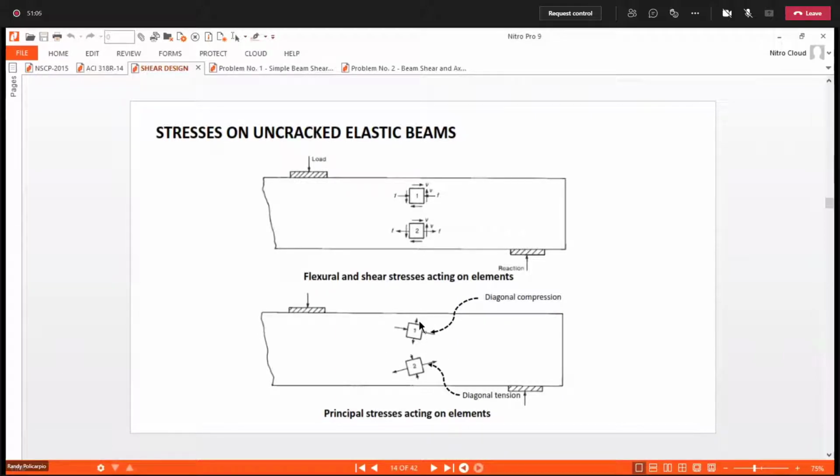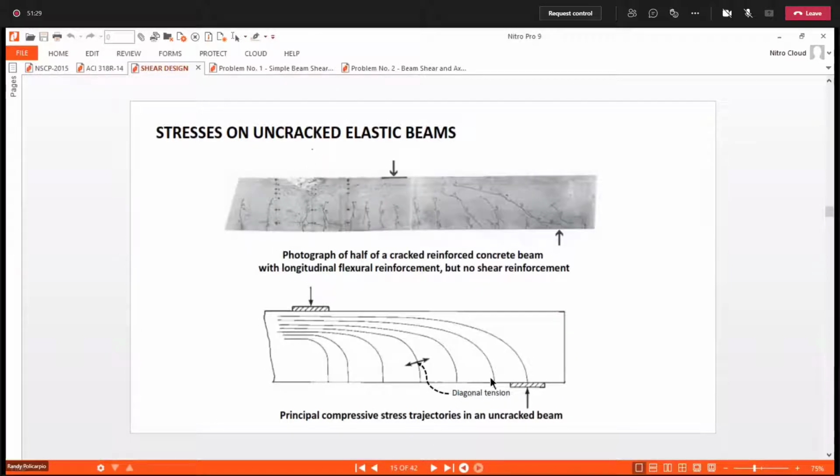So here, you have a crack because it is also under tension. The trajectory is tension, our stress here is tension, and also here tension. That is why this crack formed.